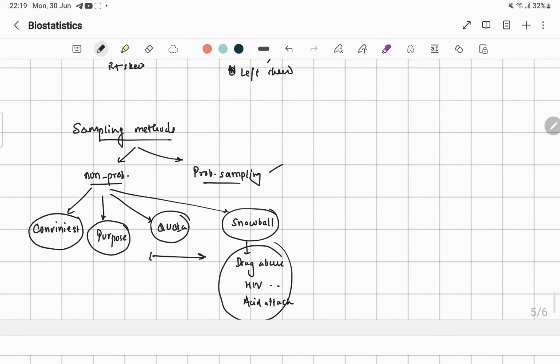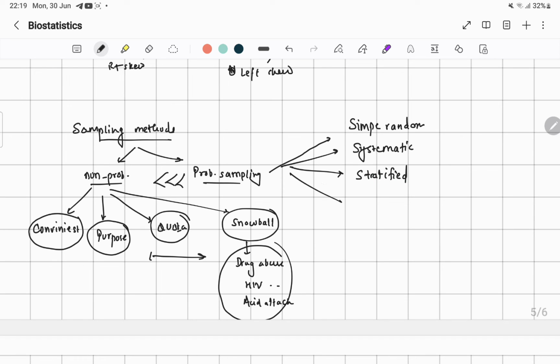We have to discuss probability sampling, which is better. We can have simple random, systematic, stratified, and cluster.